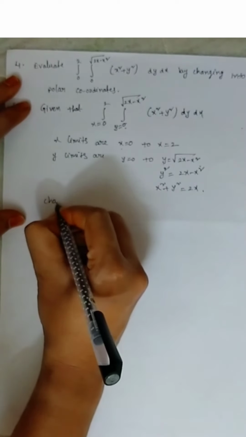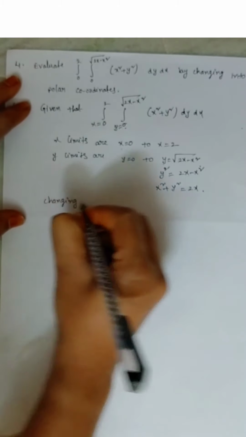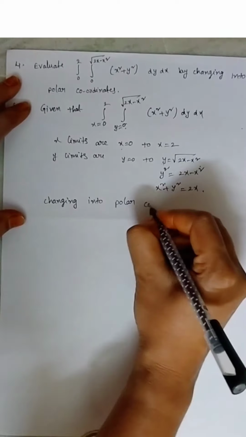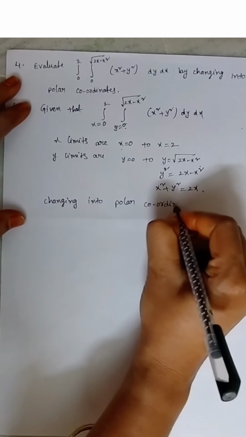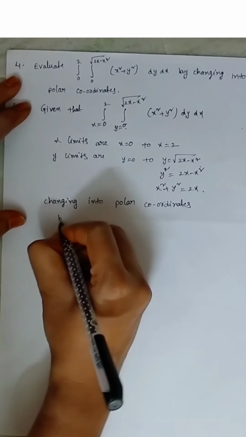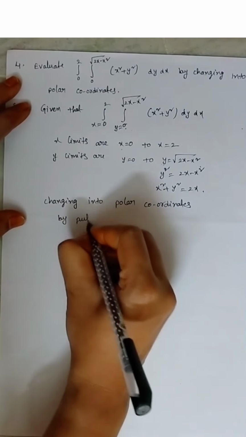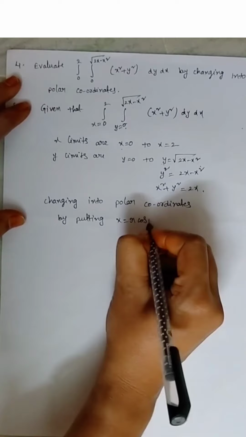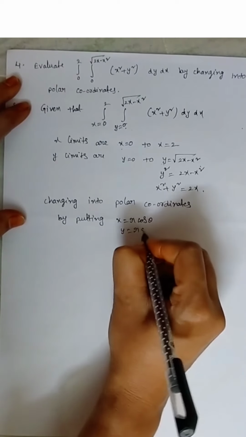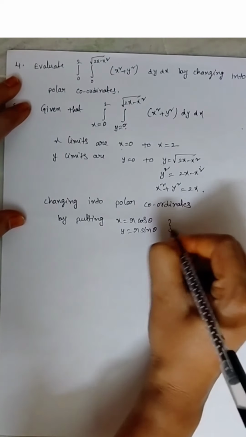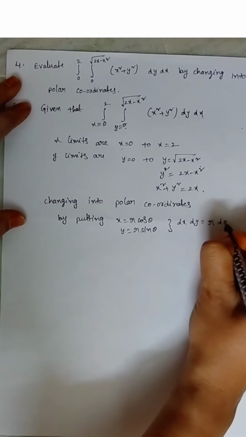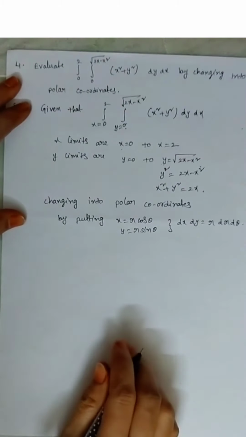So changing into polar coordinates, by putting x equals r cos theta and y equals r sin theta, and dx dy equals r dr d theta. Now we have to find the limits.